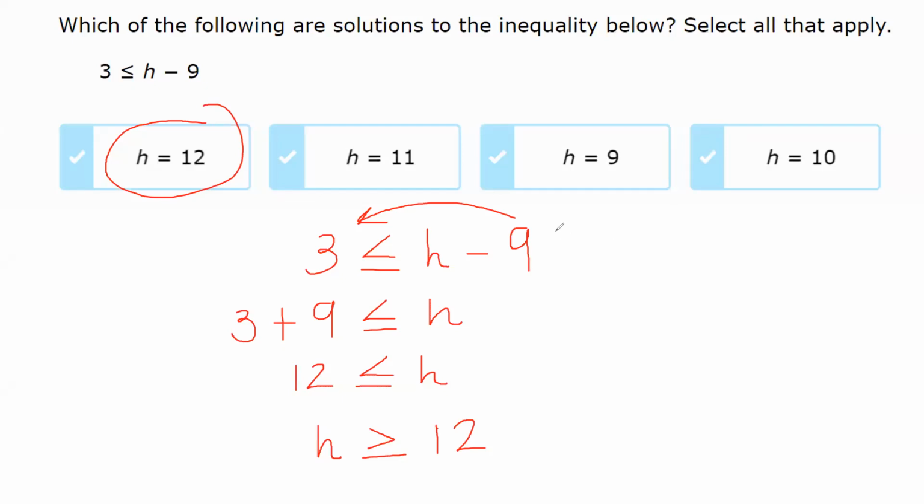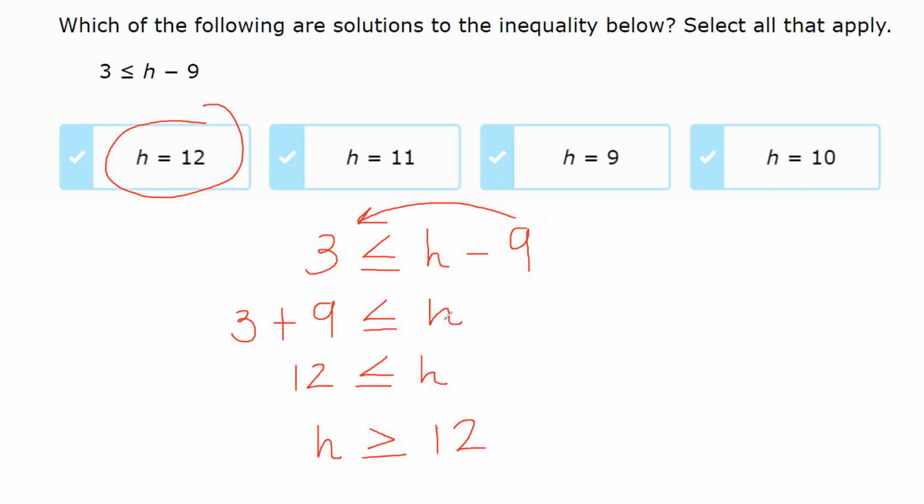Okay, the first thing we do is we take the negative 9 and we send it over the inequality sign. When we send the negative 9 over, what does it become? It was a negative, it becomes positive 9.